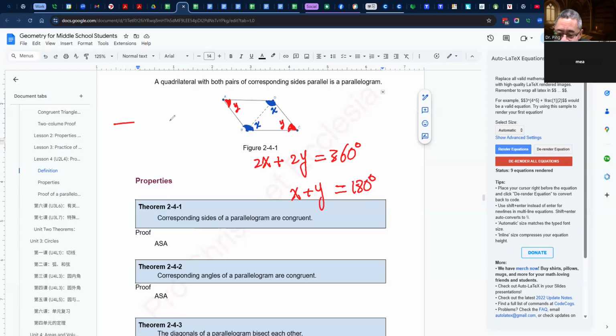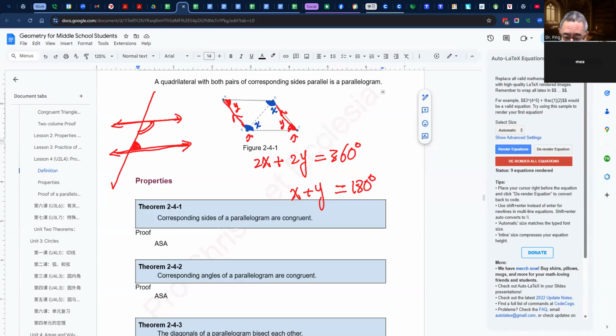Okay, now there's something about parallel lines. Parallel lines say that if consecutive angles, this angle and this angle, add to 180, then this line and this line will be parallel. Well, now we can see here's the X, here's the Y. They add together to 180, so this line has to be parallel to that line.